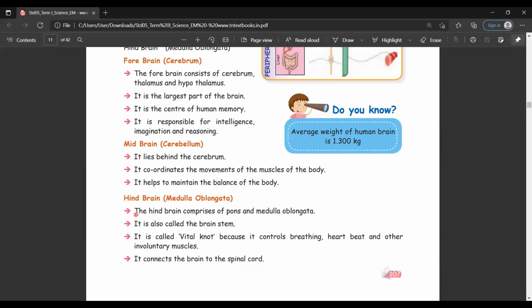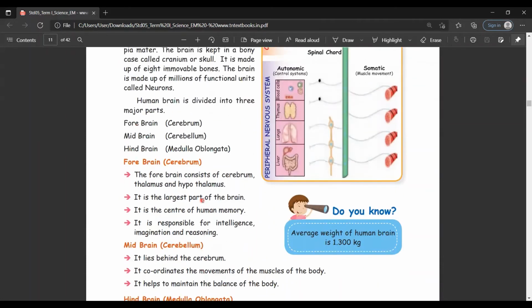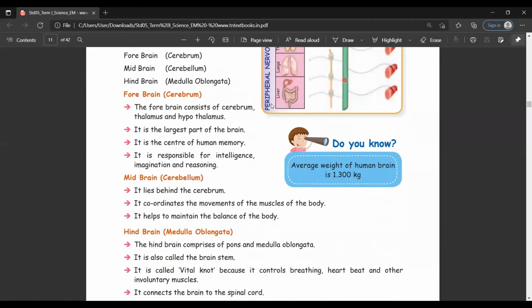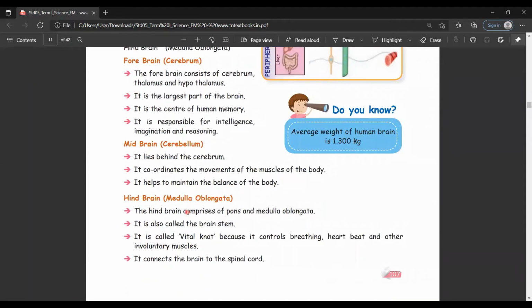The next one is hindbrain, that is medulla oblongata. Okay, hindbrain. Okay, children. The hindbrain comprises of pons and medulla oblongata.